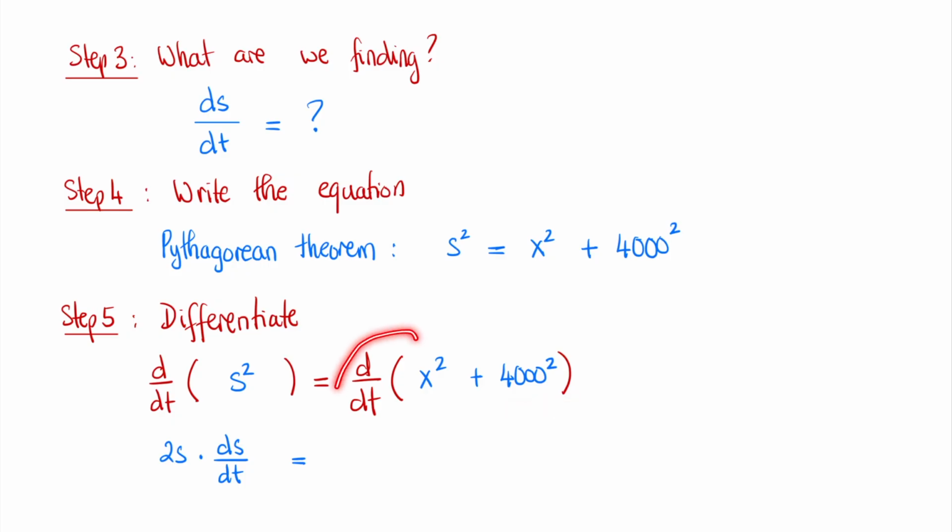To find the derivative of x squared, we also use the chain rule. The outer function is the power function, so we bring the 2 down. We have 2x times the derivative of x. The derivative of 4,000 squared is 0.